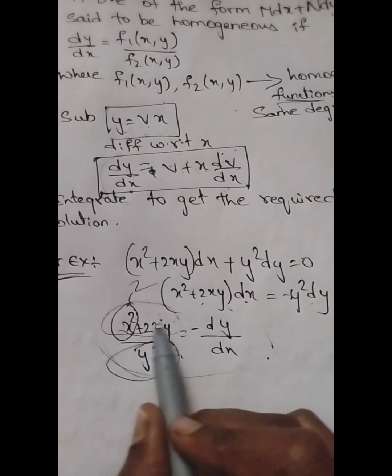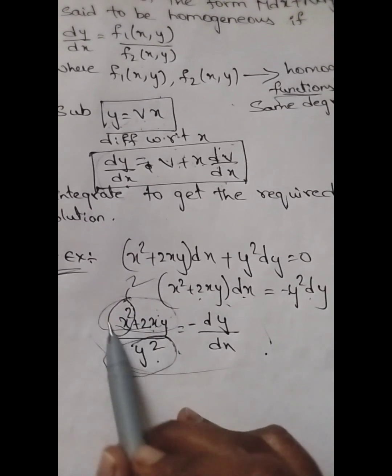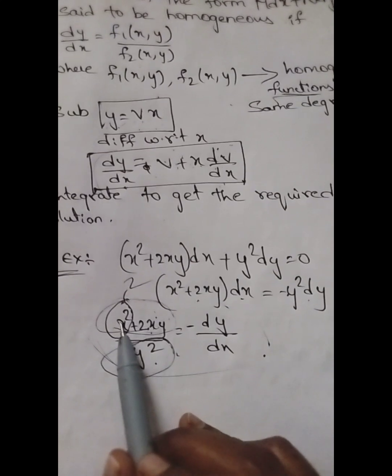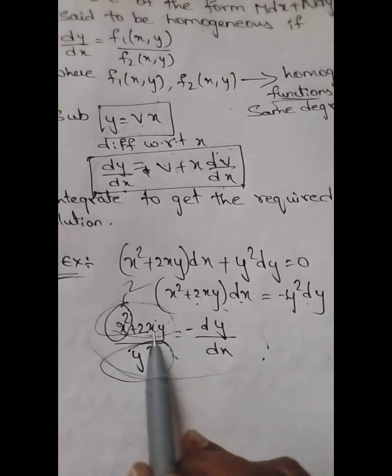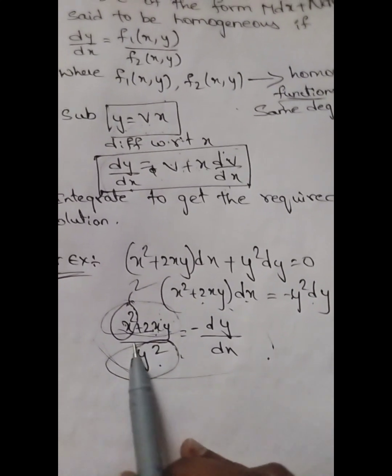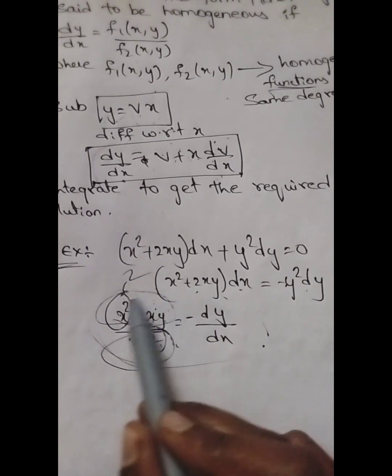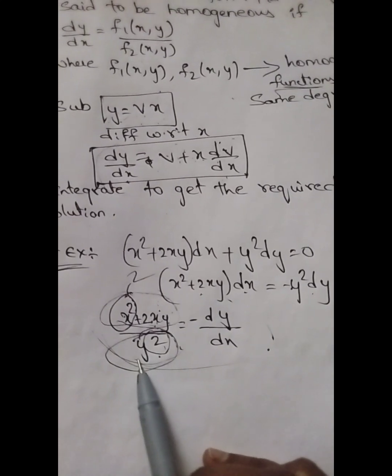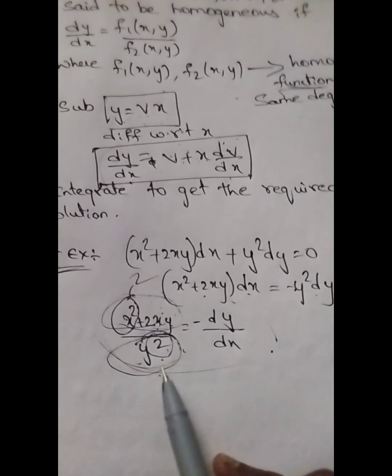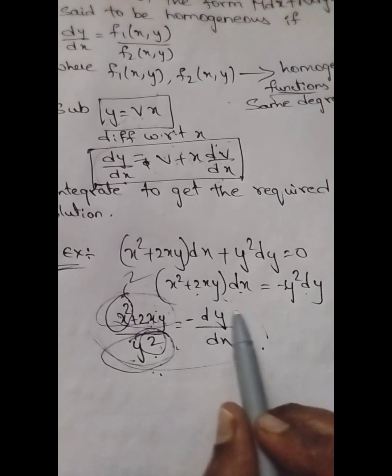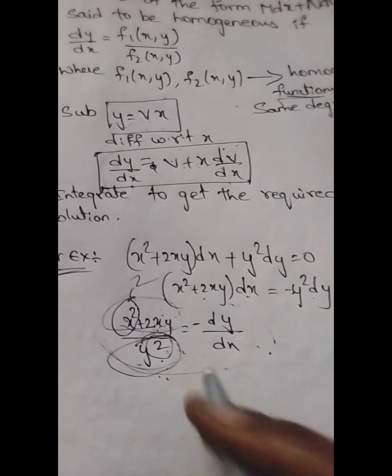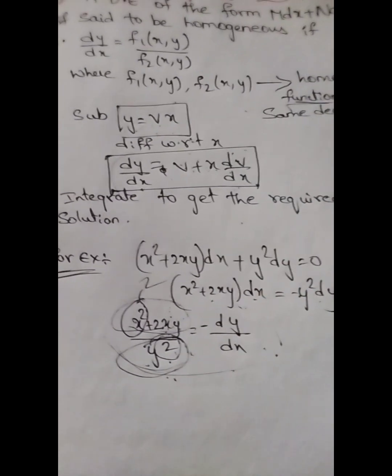So the whole numerator has degree 2, and in the denominator the degree is also 2. So the whole equation consists of the same degree, that is 2. Now we can say this is a homogeneous differential equation, and we can apply the following steps.